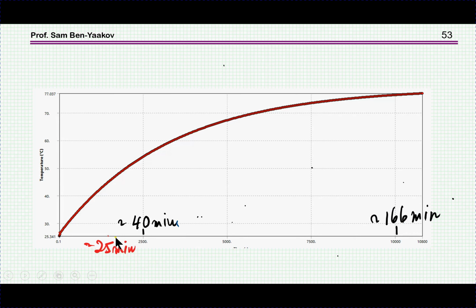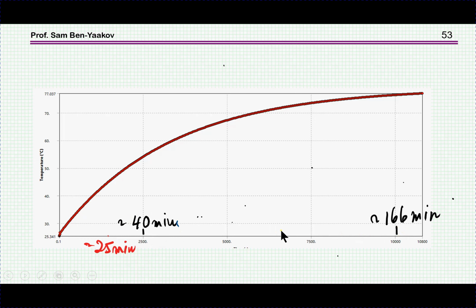That is, here we started to pump in the power, and the temperature, this is temperature now, starts to go up from about 25 degrees, which is the ambient, to about this steady state value, which is about 78, 79 degrees. Now, the time scale here, as you can see, this is 40 minutes, and this is 166 minutes.